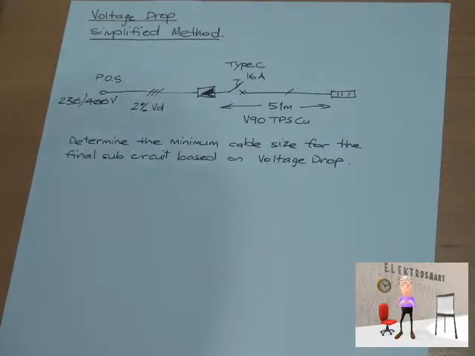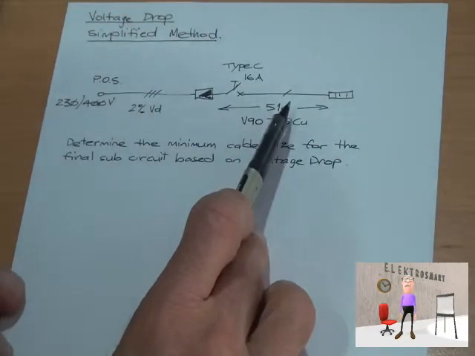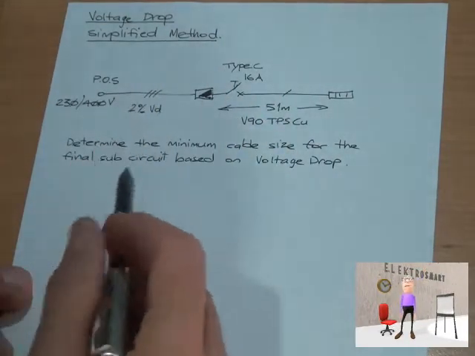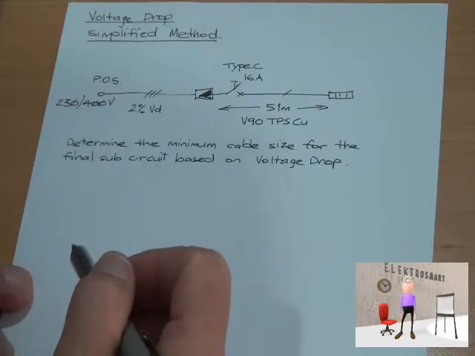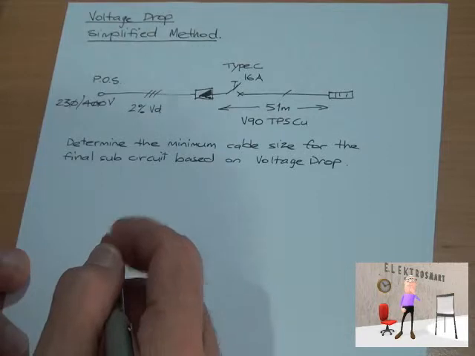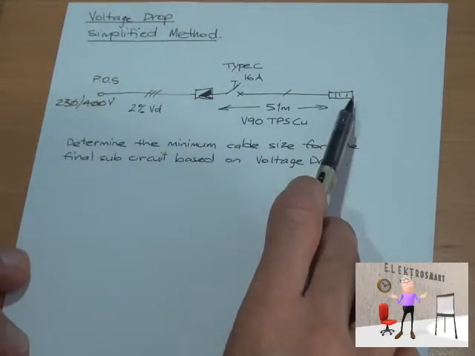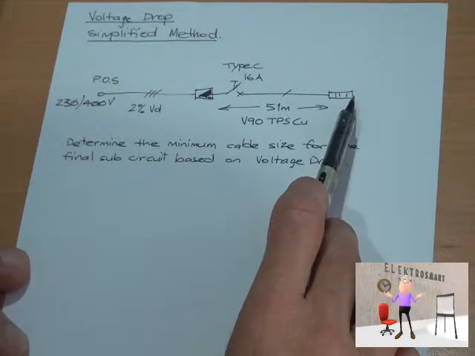Okay, so the first thing we have to do is determine how much voltage drop we have remaining for this final sub-circuit. You'd be aware from AS3000 that we have a maximum voltage drop from the point of supply to the furthest point on any final sub-circuit of 5%.